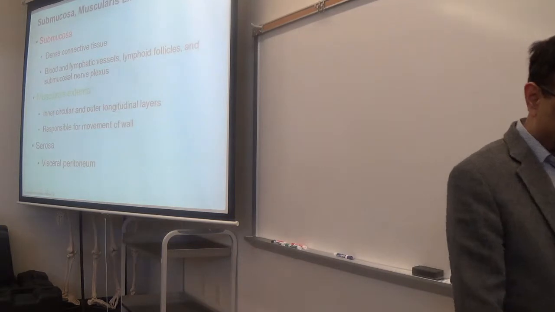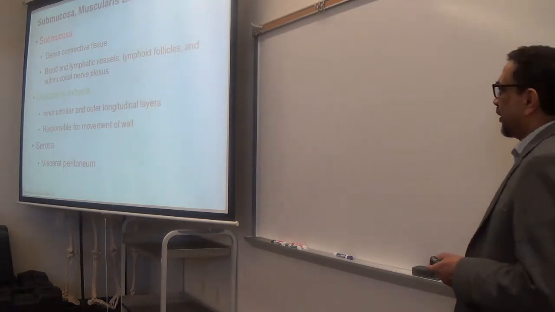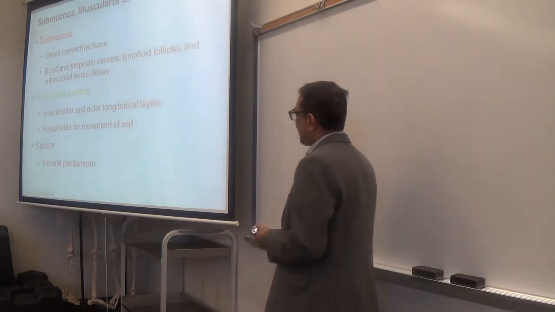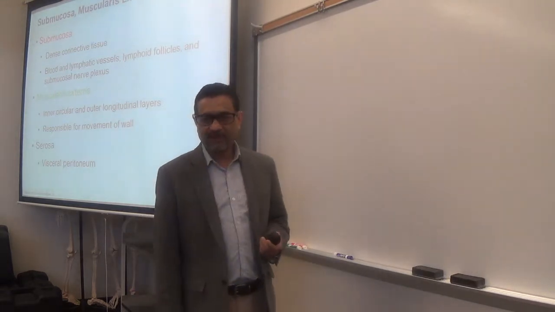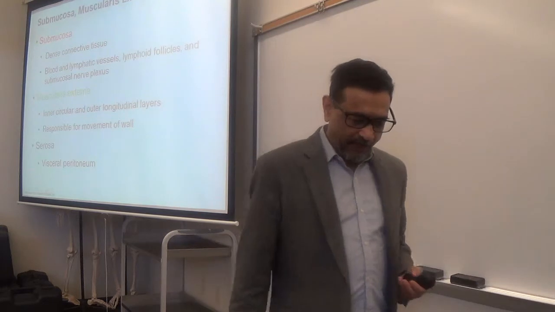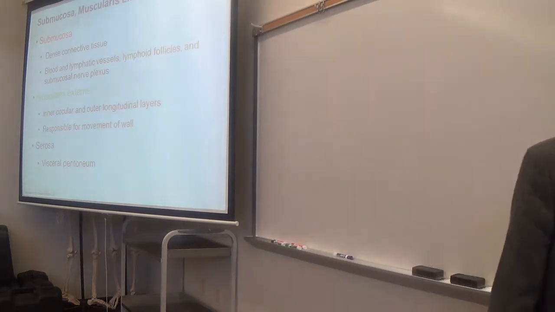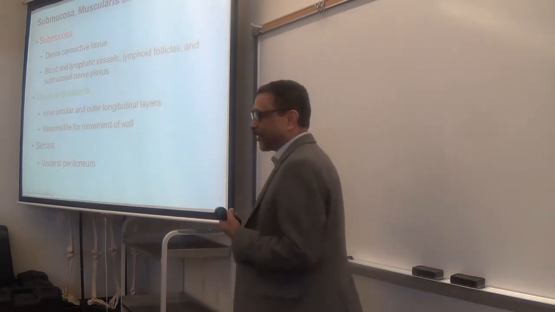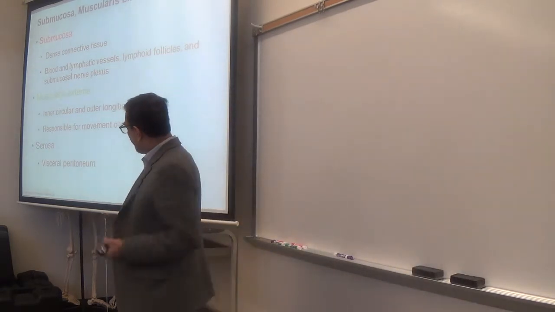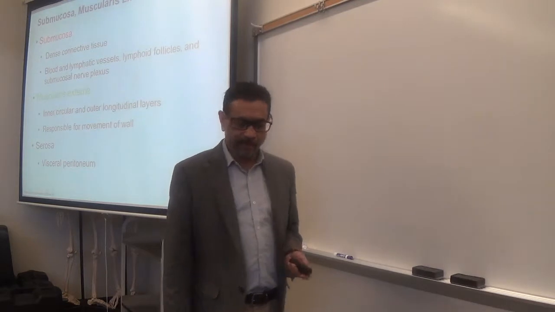Submucosa is a connective tissue layer in which you have blood vessels, lymphoid follicles, and nerve plexus. And the nerve plexus in this layer is called submucosal nerve plexus. So makes sense, right? Nerve plexus in submucosa, submucosal nerve plexus.